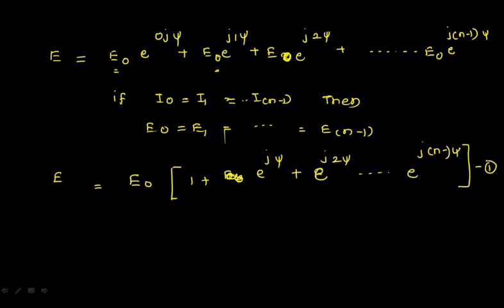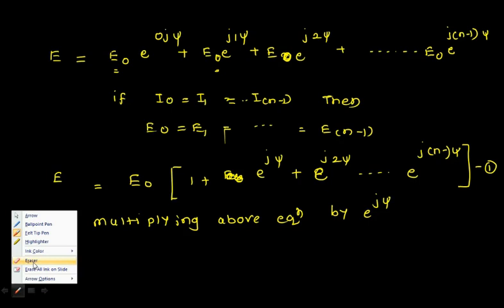Now I'm multiplying each and every side with e raised to j psi. So I'll just say multiplying the above equation by e raised to j psi. I'll just see what I'm getting over here.